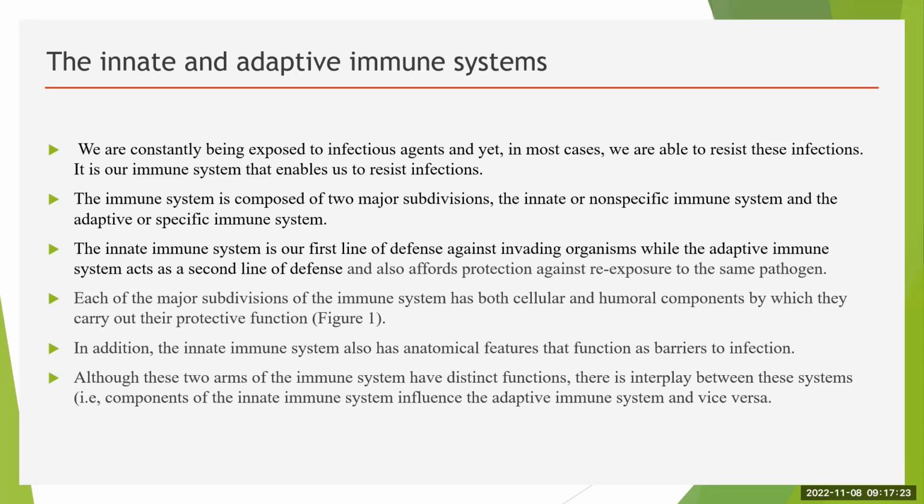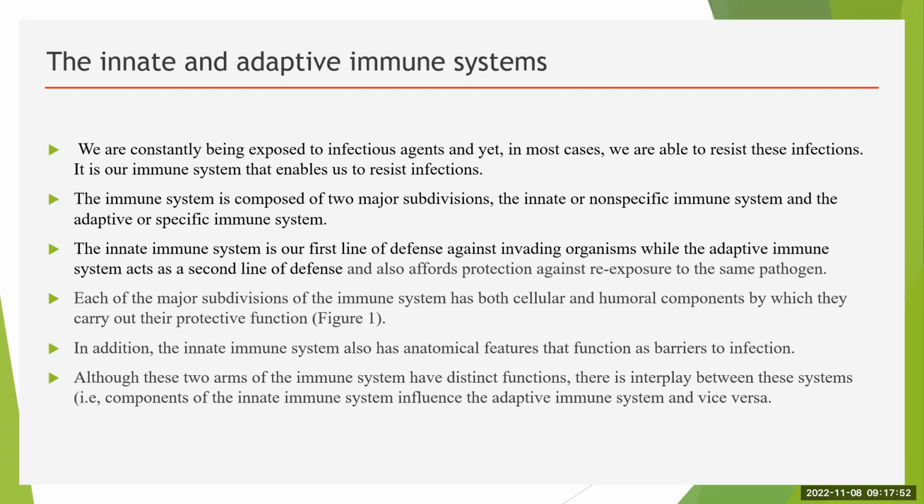And then if any re-exposure occurs, this system of ours is able to recognize with the initially developed immunological memory and react in good time to fight off whatever infection that is there. So each of these subdivisions has particular components. As we discuss forward, you will see that the innate immune system itself is divided into several components, the cellular and humoral components.